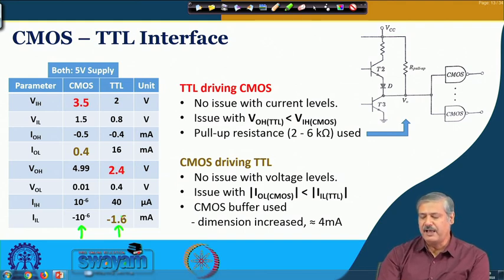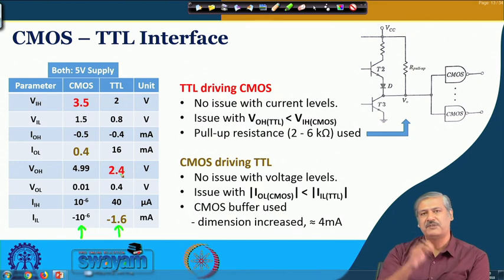So, when TTL drives CMOS, when you compare you will find that no issue with the current level, because CMOS requires very less current, okay, of the order of picoampere, and voltage levels are also fine, except only one case where the VOH of TTL, right, VOH of TTL, which is of the order of say 2.6 volt.